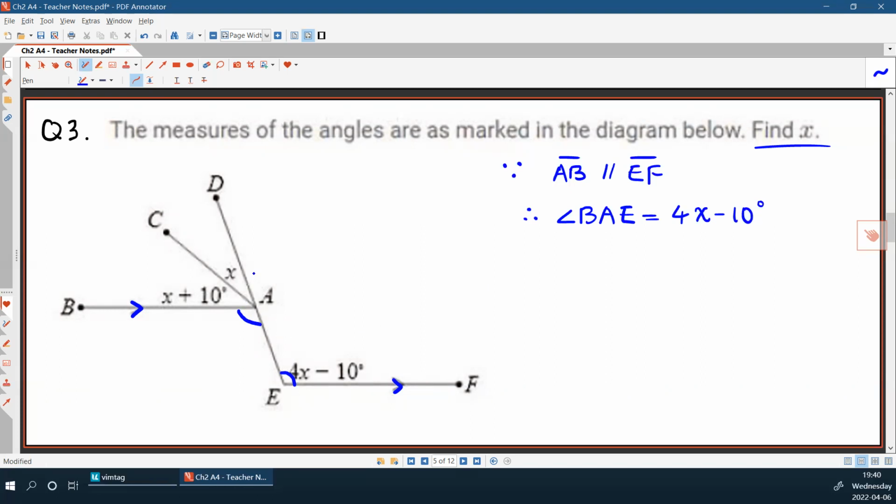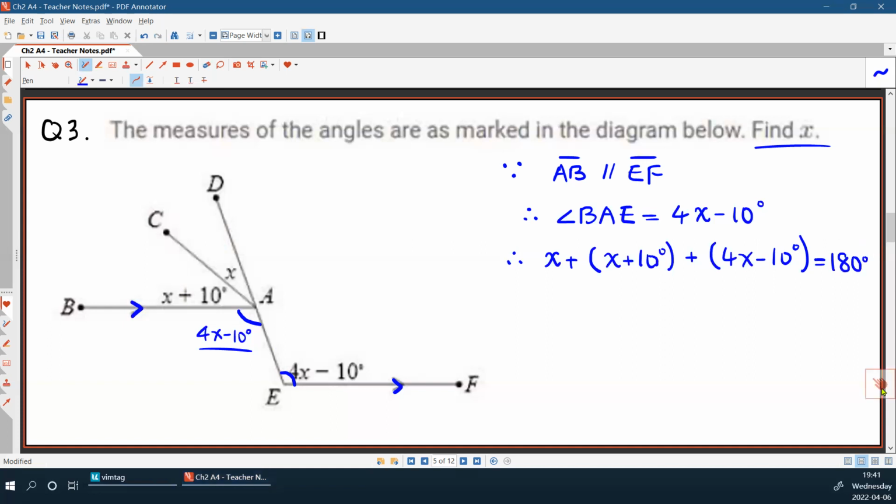Okay, then let's consider the straight angle here. Let's mark it. This angle is 4x minus 10 degrees. If you consider this straight angle, then we have x plus 10 degrees, plus this angle here, which is 4x minus 10 degrees. The sum of these three angles should equal 180 degrees, because together they form a straight angle.